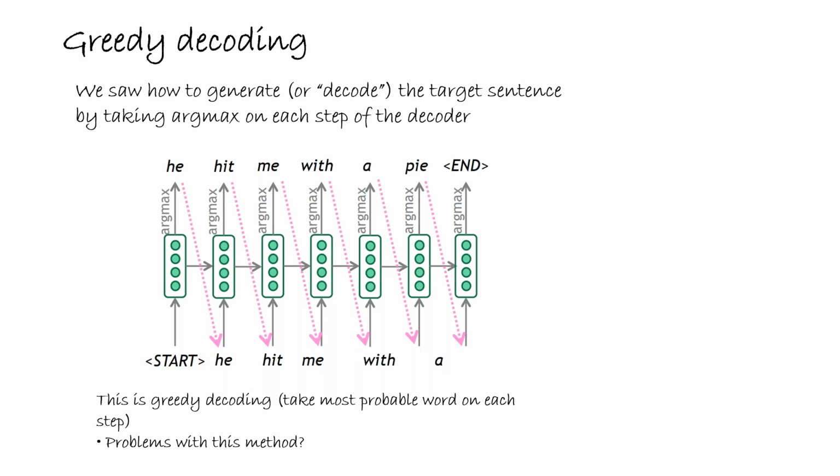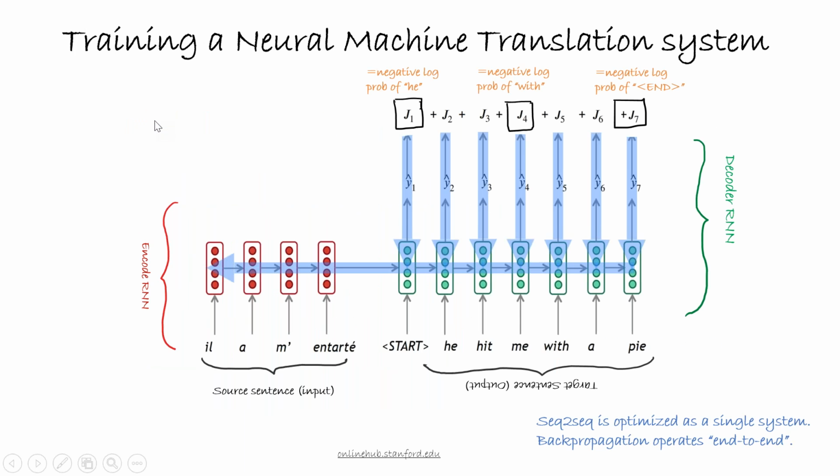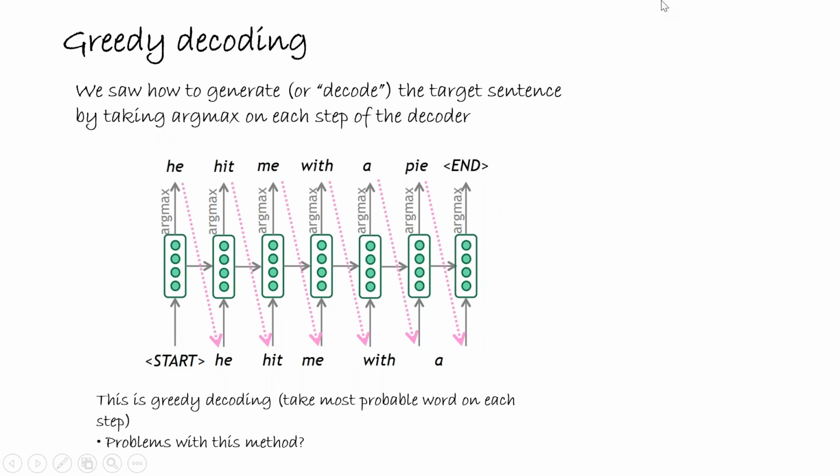So this is greedy decoding, taking the most probable word on each step. But there are problems with how they are actually getting us an output. Let's discuss them quickly.